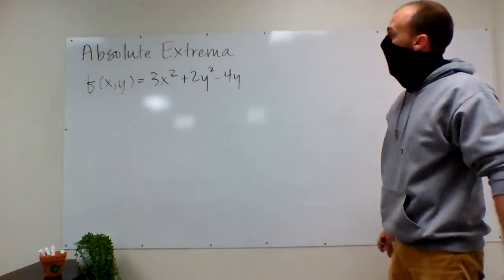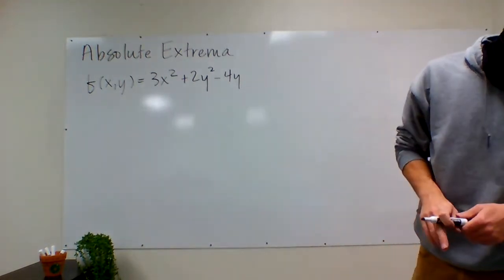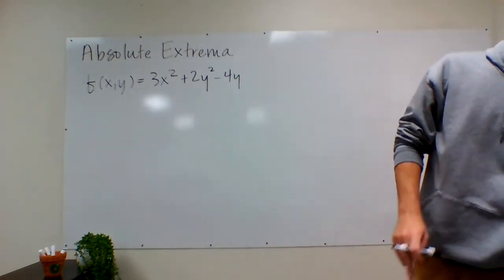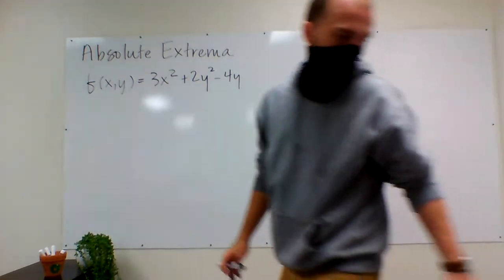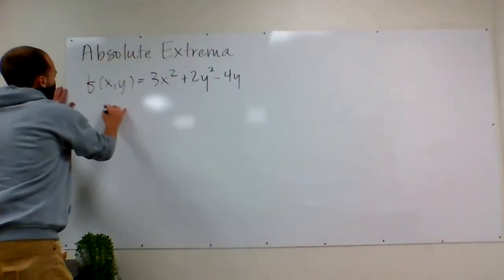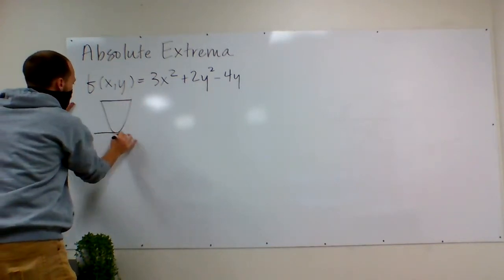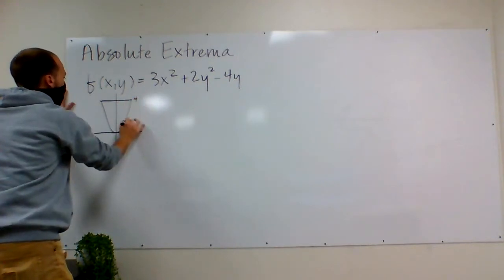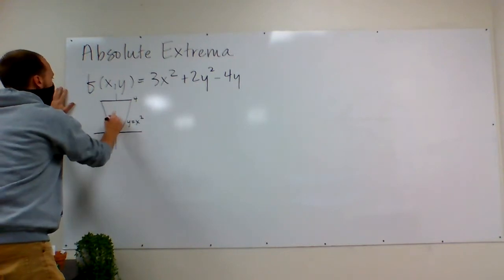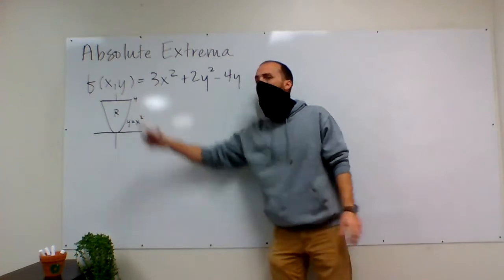I am interested in maximizing and minimizing on the region, and I think it's easier for me to draw it for you. So we're going to maximize this function over the region R as I've drawn it.